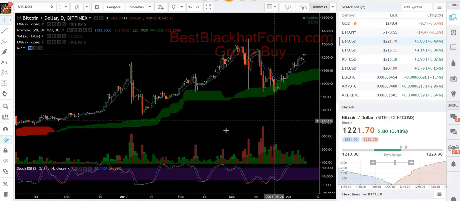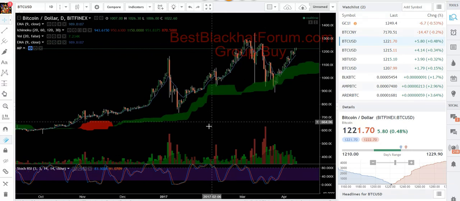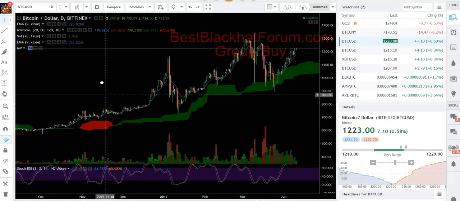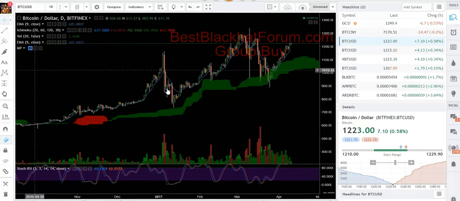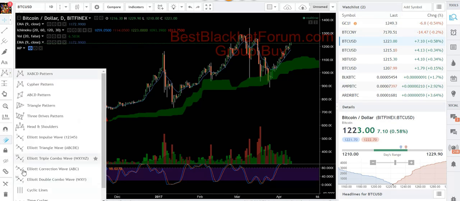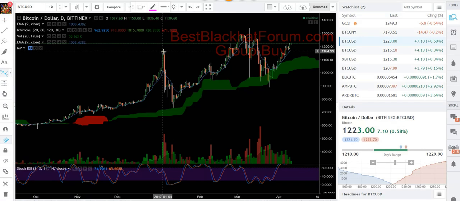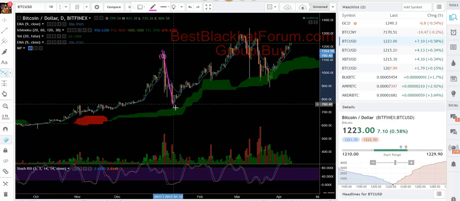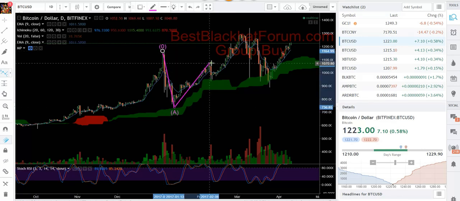But for instance here, I'm not sure how long some of you guys have been following me or on the WhatsApp service list, but you guys that have been with me for a while remember that right here in Bitcoin, I was looking for this sort of an ABC correction.